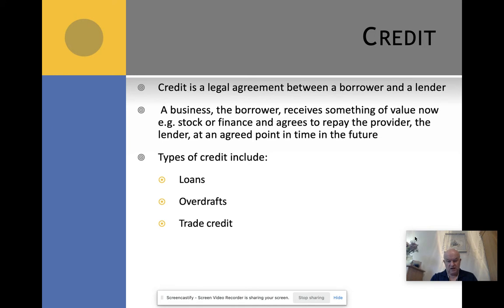So they're essentially allowing you some credit, some time for you to be able to sell some of those goods and services before you have to pay for them, and that's a legitimate form of credit that lots and lots of businesses will use.